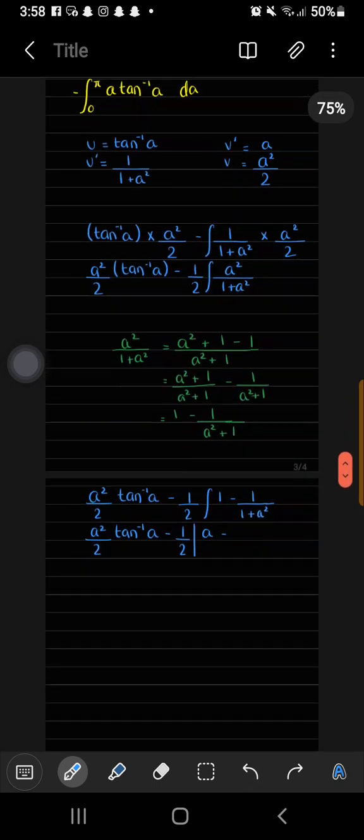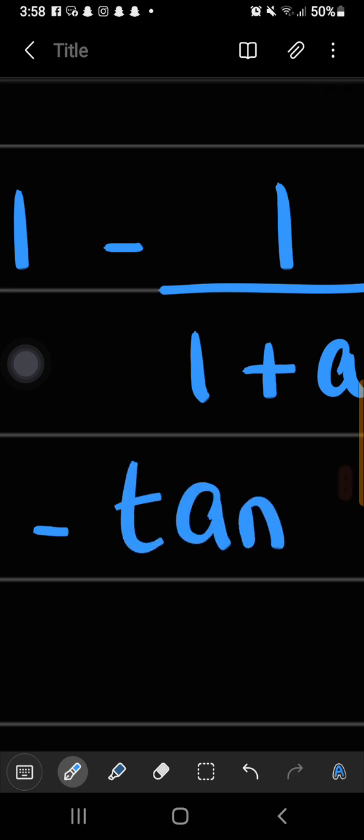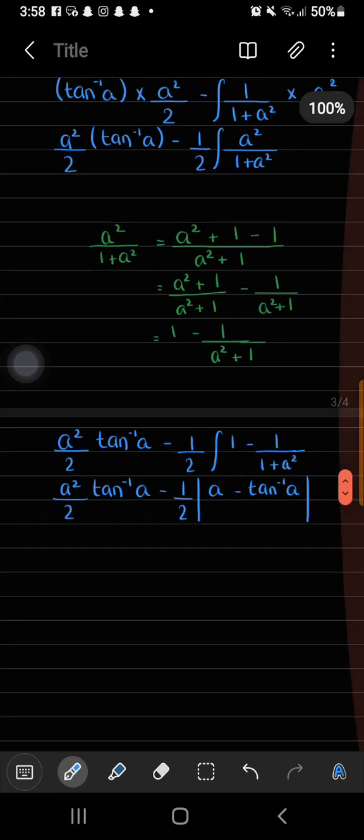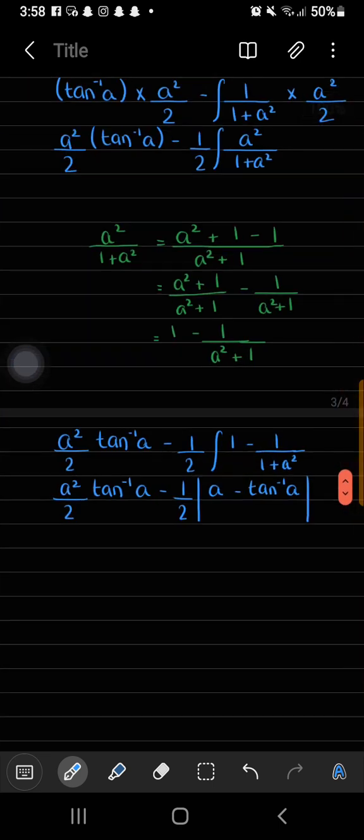So that's why I just simplified that. Tan inverse a. Okay, so we will do this. We are in a very good position. We have completely integrated our function.